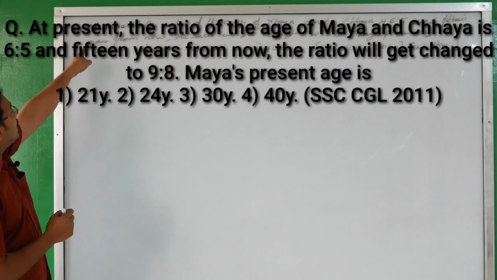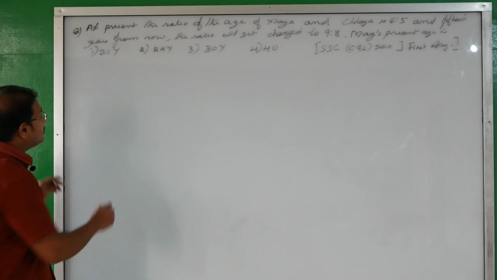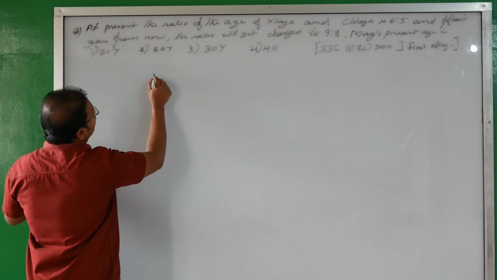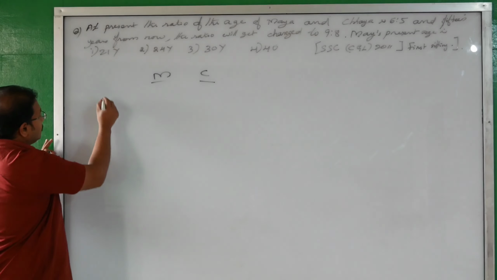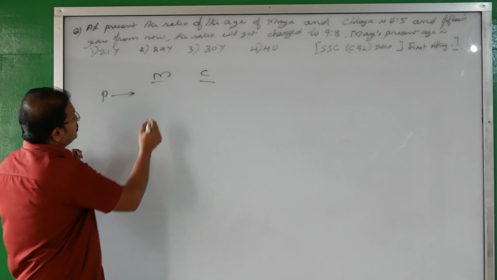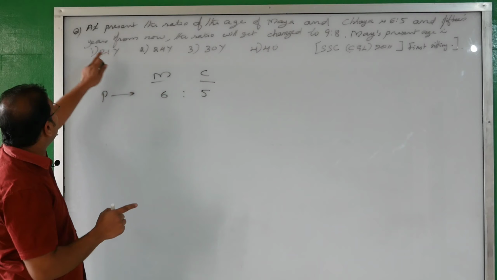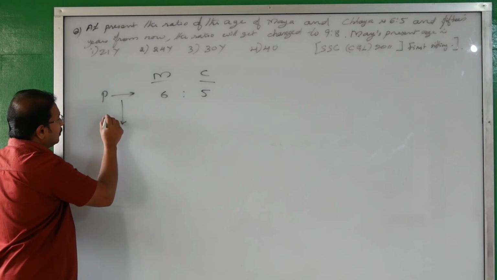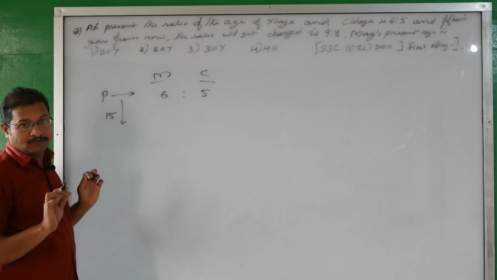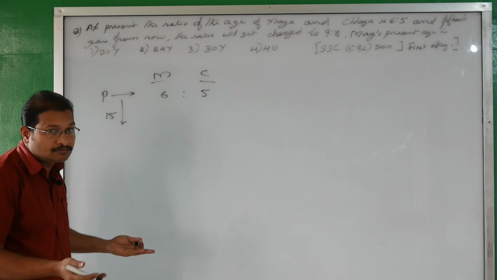Let's see now. At present, the ratio of the ages of Maya and Chaya. At present, that means the present age is 6:5. Then 15 years from now, the ratio will get changed.